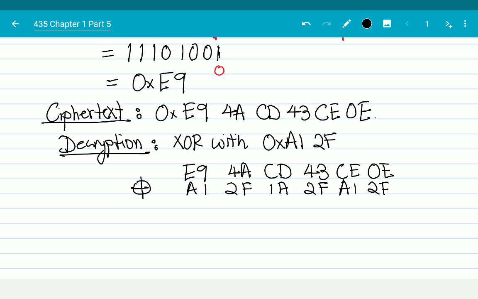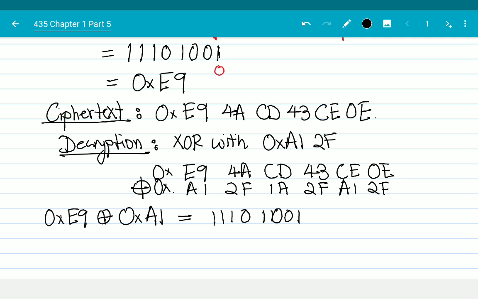So 0xE9 direct sum, XOR 0xA1. The bits for E9 are 1 1 1 0 1 0 0 1, and I am adding to it A1. A is 10, which is 1 0 1 0, and 1 is 0 0 0 1.